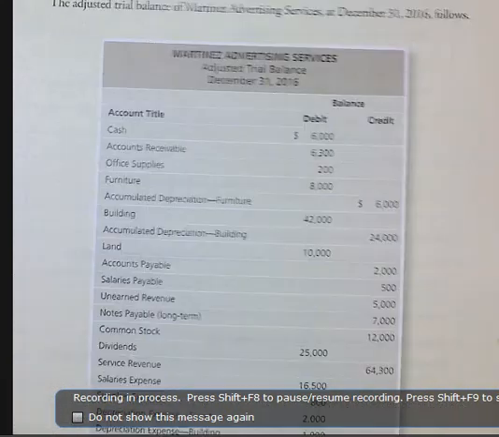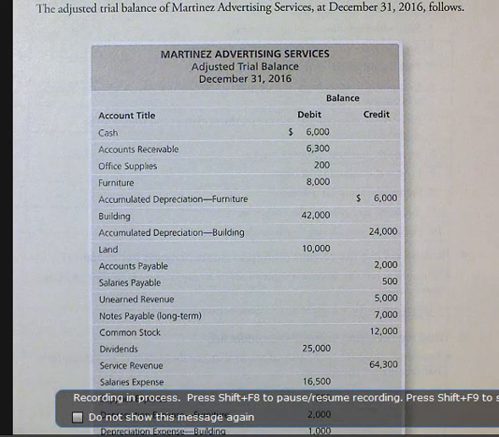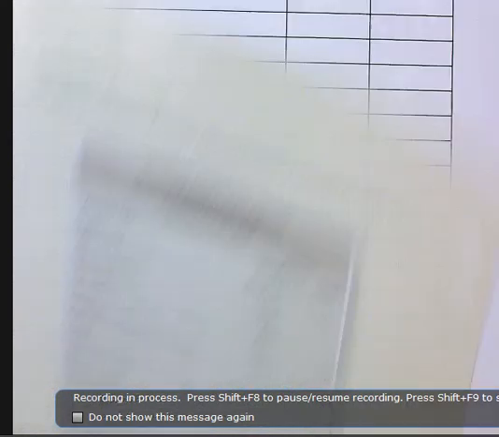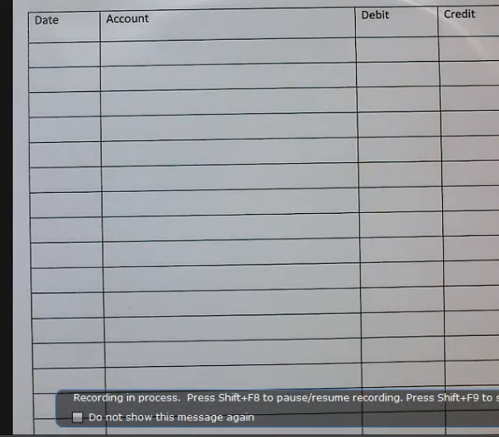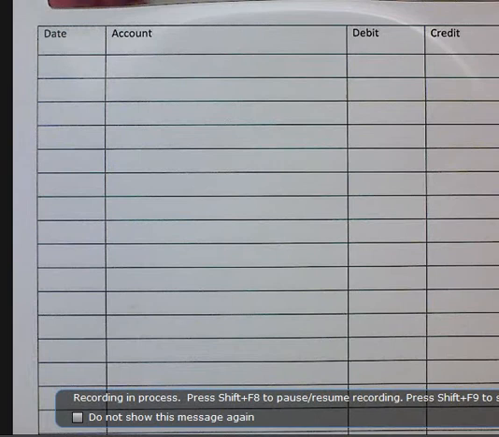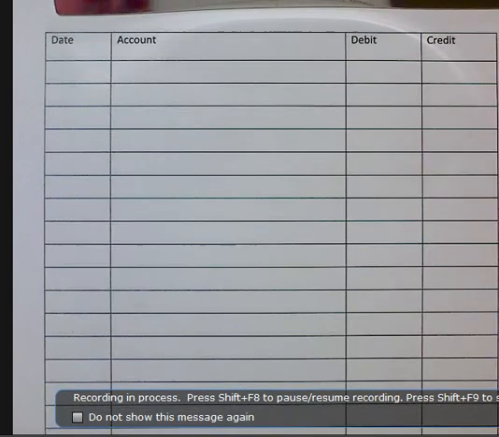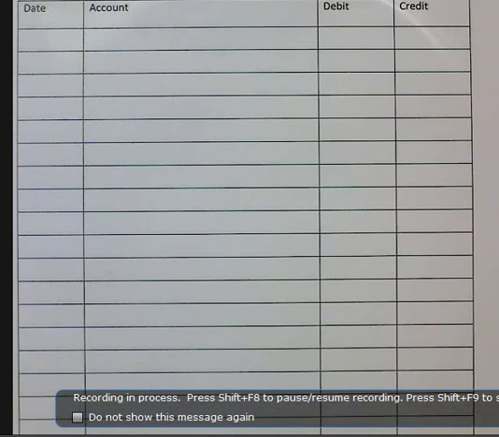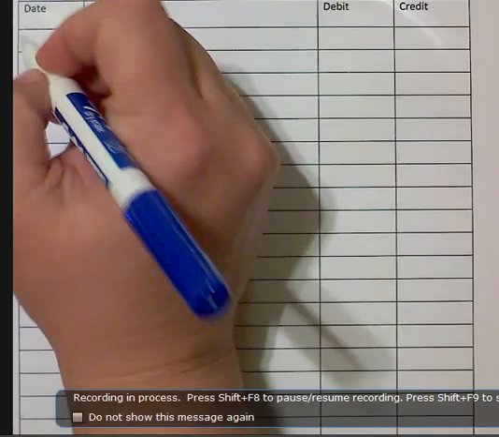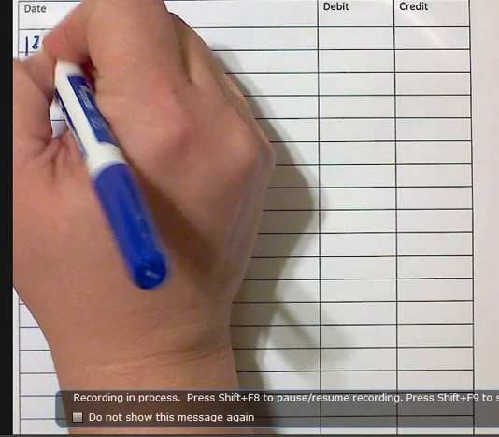So let's see, our date here is going to be December 31st. Alright, make sure you can see all of this. Alright, so the date of our entry is December 31st.